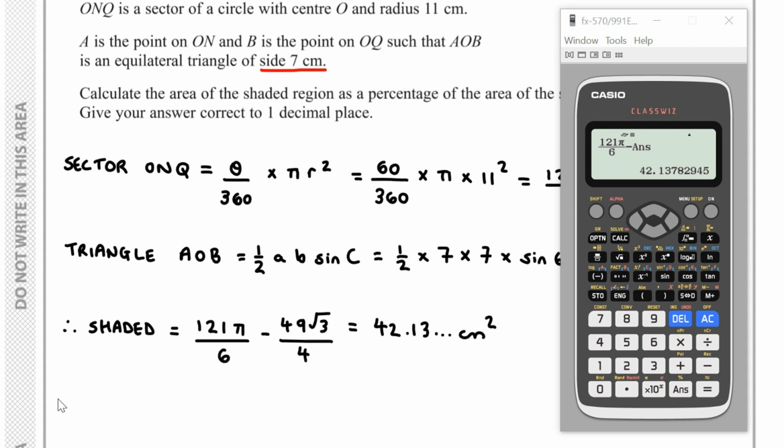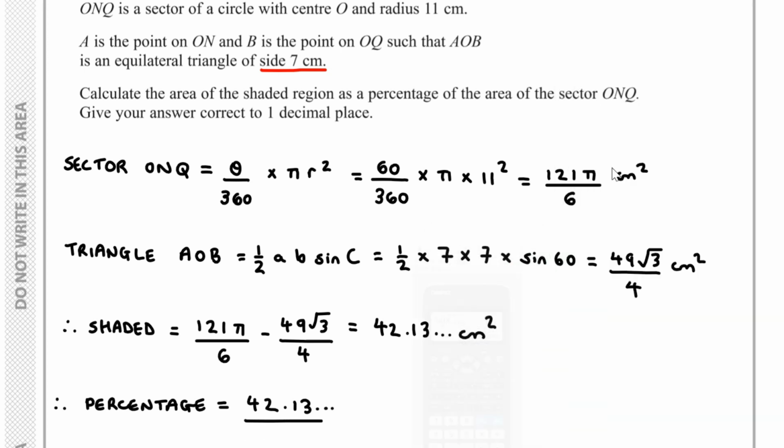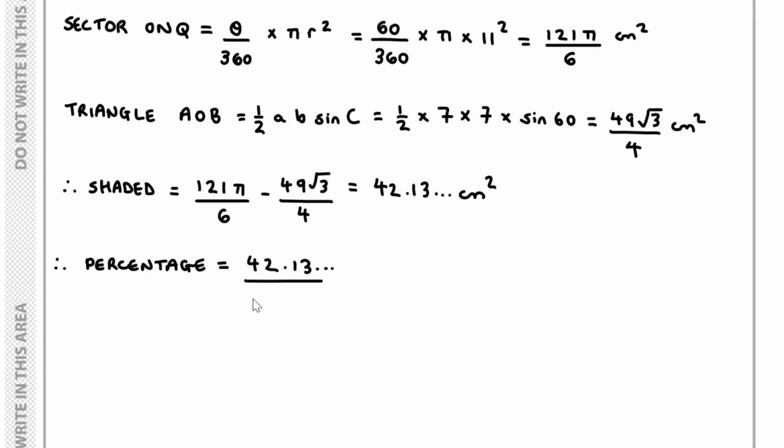So therefore, the percentage is equal to, well, we've got the 42.13 etc. So this is the shaded region, and we divide this by the original sector, which is 121 pi over 6, and of course we then multiply by 100.